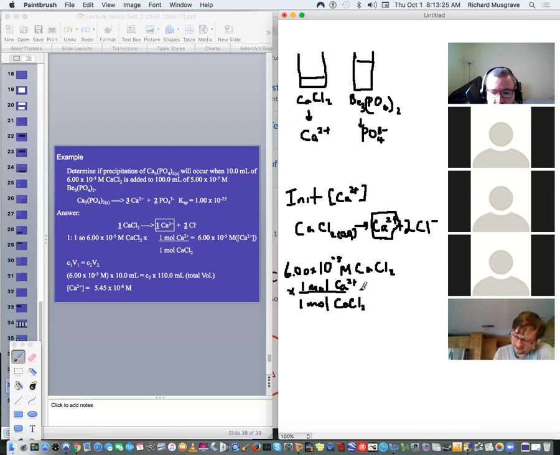So the calcium 2+ concentration here, because the moles here will end up cancelling, gives 6.00 times 10 to the negative 5 molar, but that's Ca2+.